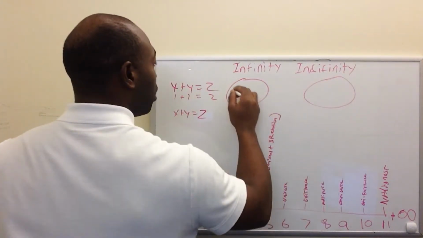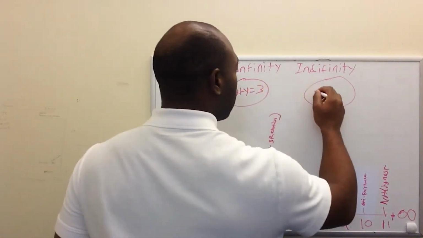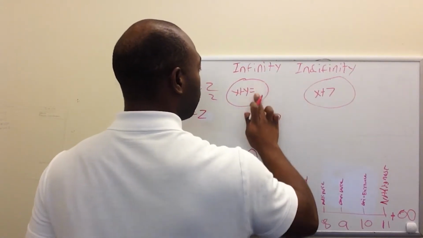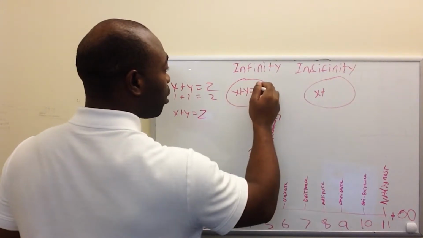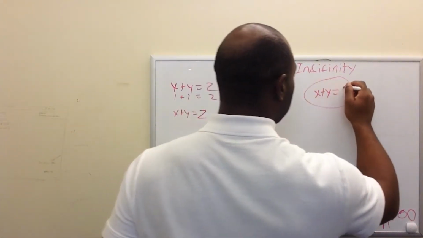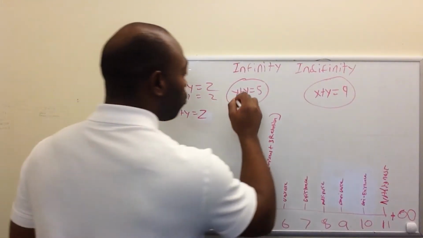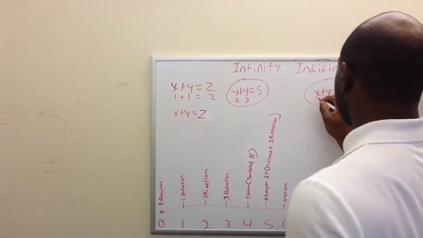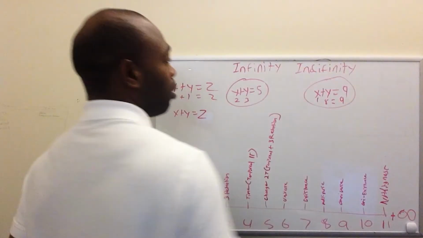So if x plus y equals 3 and x plus y, let's use a bigger number so I can better bring this home. If x plus y equals 5 and x plus y equals 9, right? 2 plus 3 equals 5 and 1 plus 8 equals 9, right?